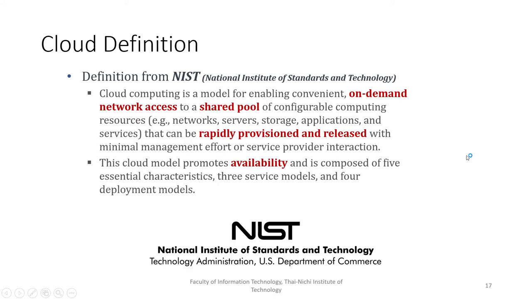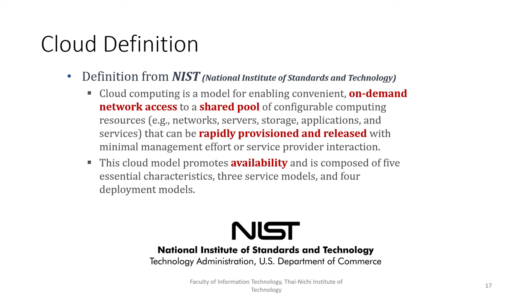And now we see the definition of cloud computing, which is given by the National Institute of Standards and Technology. They mention that cloud computing is an environment which provides on-demand network access, which shares a pool of resources, like networks, servers, storage, applications and other services.